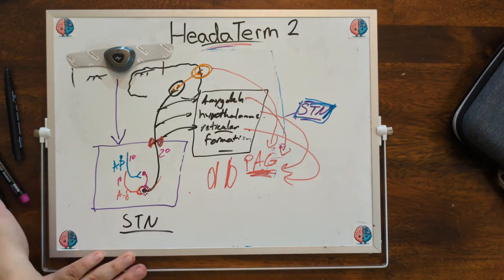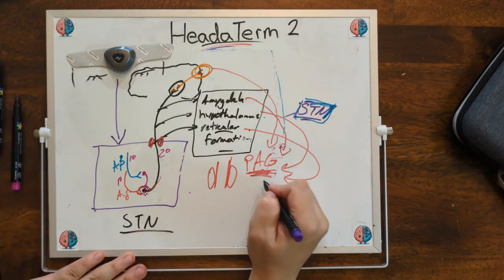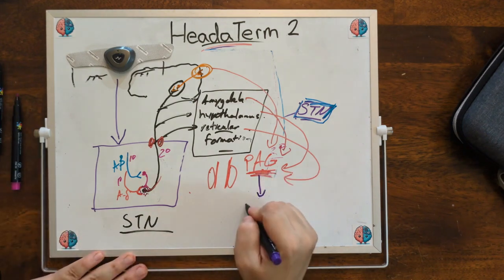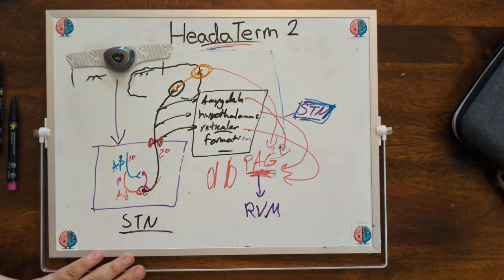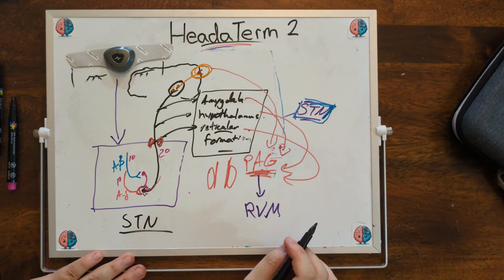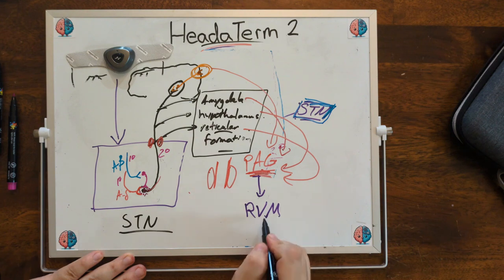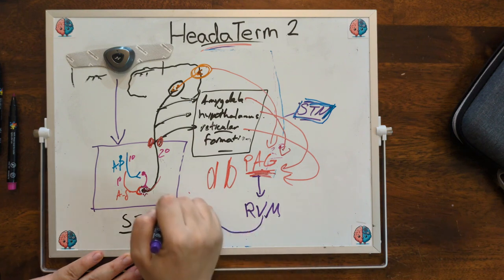So when it's activated by these inputs, it sends the signal down to the rostral ventromedial medulla, or the RVM. The RVM, sitting in the brainstem, contains several important groups of neurons, including the Raphe nuclei. When the RVM receives signals from the PAG, the Raphe nuclei sends serotonergic neurons.